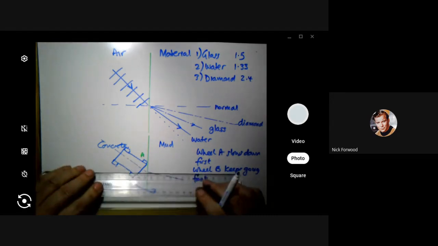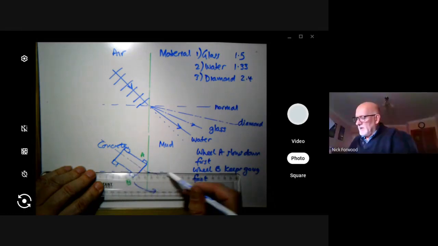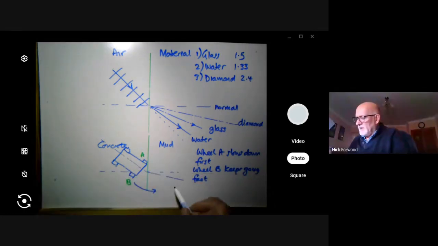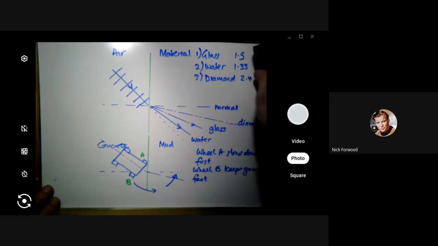And if we just stick this normal line back in again over here, we can see that the tractor has changed direction, has moved around towards the normal. So when the beam of light slows down, it moves towards the normal. I'm going to rub this bit out and write that down.